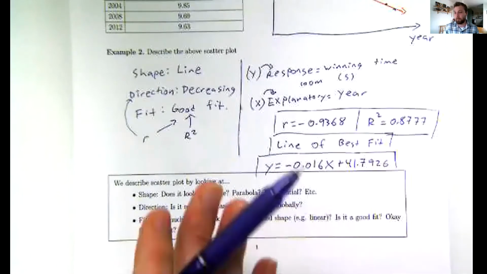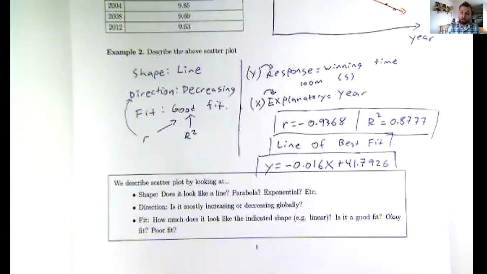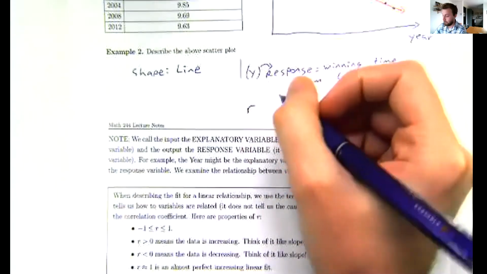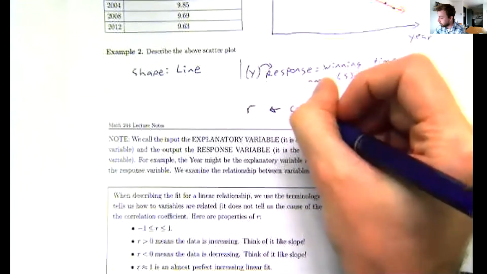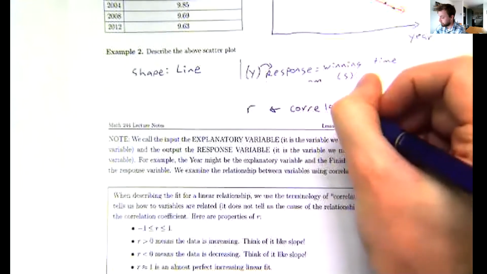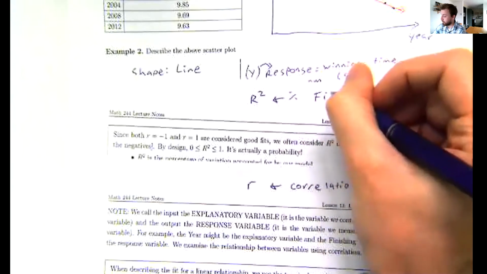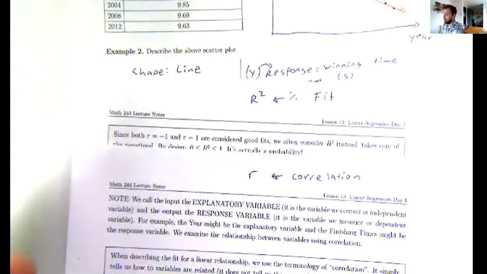I'm not taking this too far away today. But let's look at what's going on with r, and let's look at what's going on for r squared. So next 2 pages, I'm going to have a page where I'm talking about r. This is called the correlation coefficient. And I'm going to look at r squared on the next page. This has something to do with the percentage fit. And let's just jump straight into it.